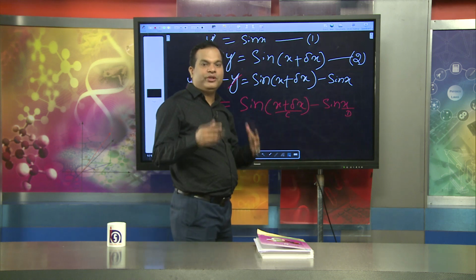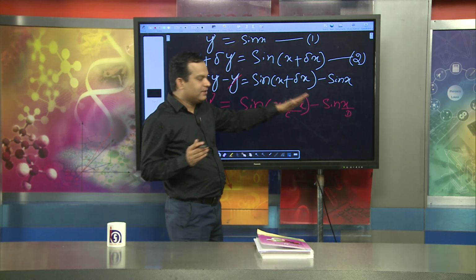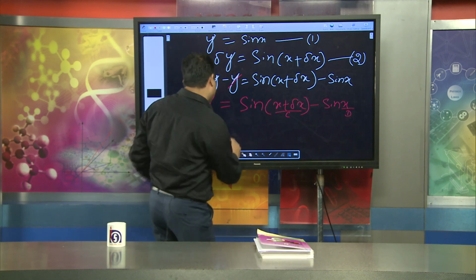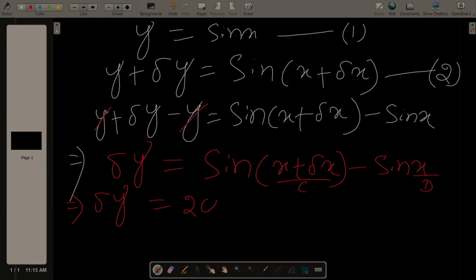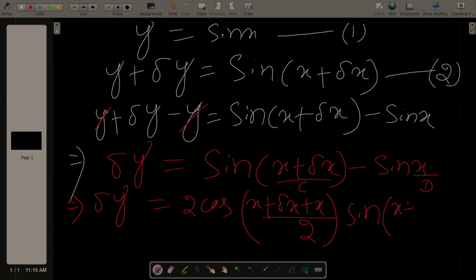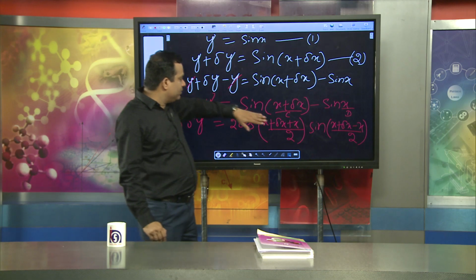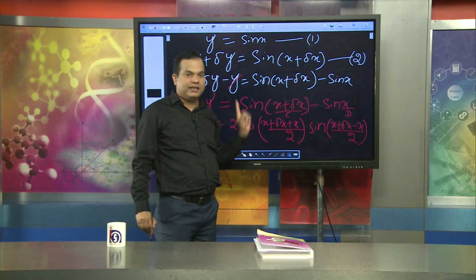We already know the formula for sin c minus sin d: it is 2 cos of (c plus d) by 2, that is x plus del x plus x by 2, multiplied by sin of (c minus d) by 2, that is x plus del x minus x by 2. This is the formula I have used.